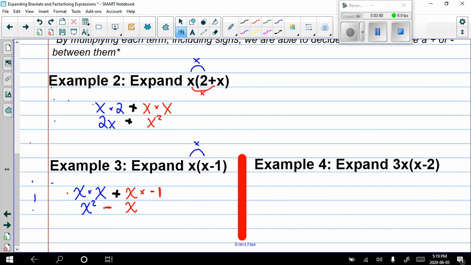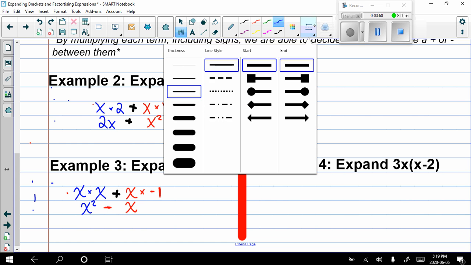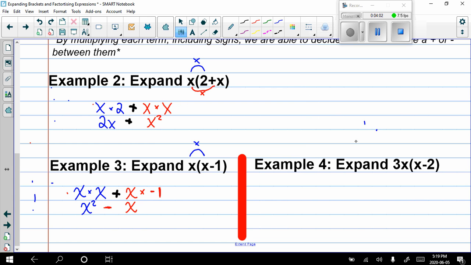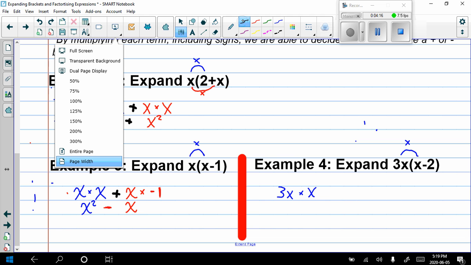And the last example we're going to go through right now is 3x times x minus 2. So it's a combination of everything we've done so far. And let's see what we get. We're going to do the same thing, term by term. So 3x times x. So 3x, and we're going to times that by x. And then we'll copy our plus sign as always.